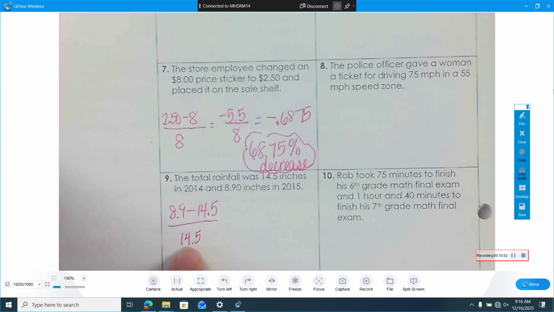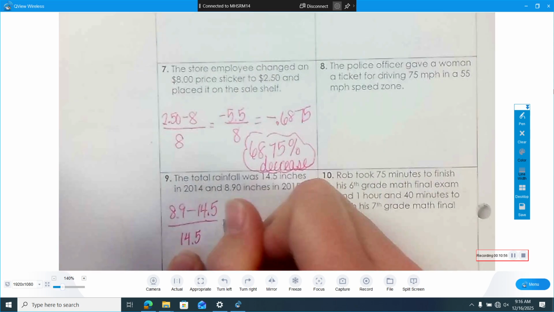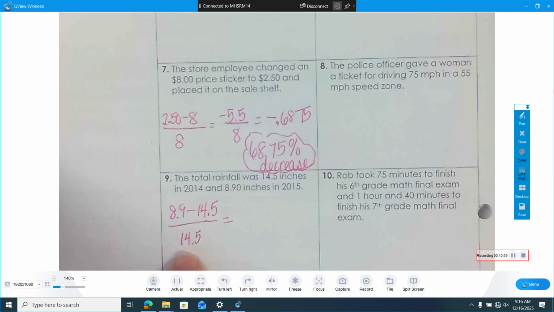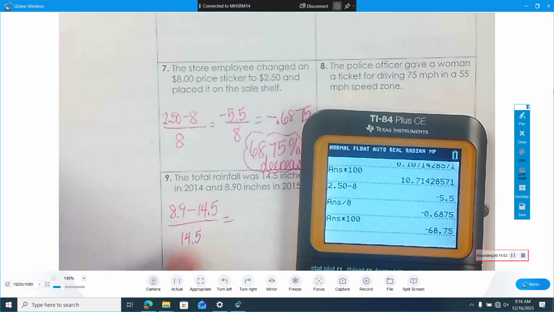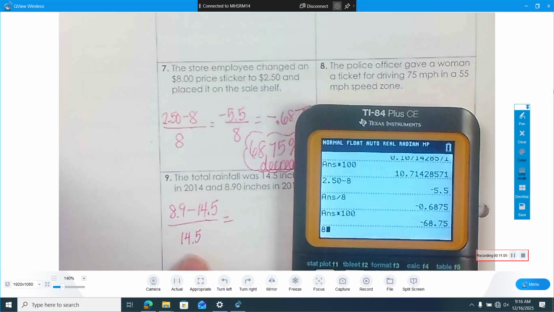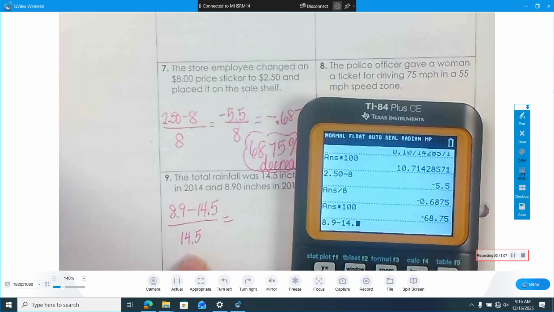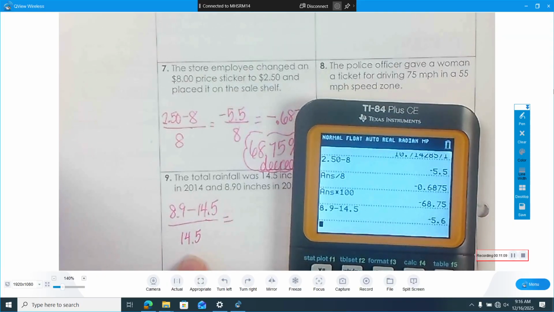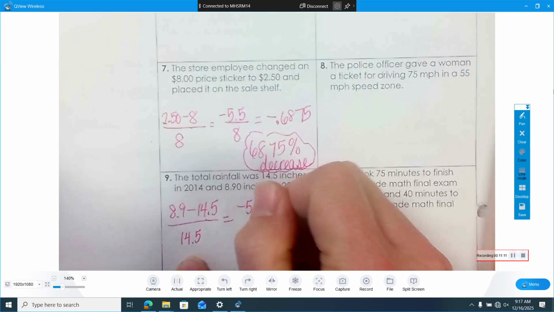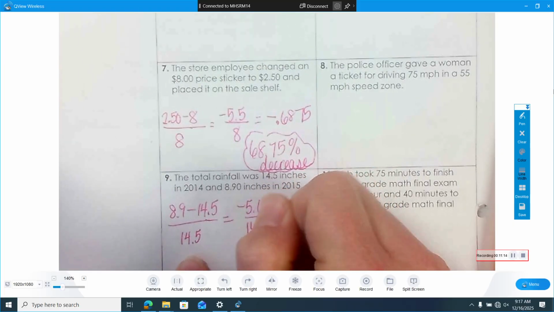What we start with, the original amount, goes on the bottom. The order here doesn't really matter because you know that it's a decrease when you read the problem. As long as you're subtracting the two, you'll be good as gold. So 8.9 minus 14.5 is negative 5.6 over 14.5.